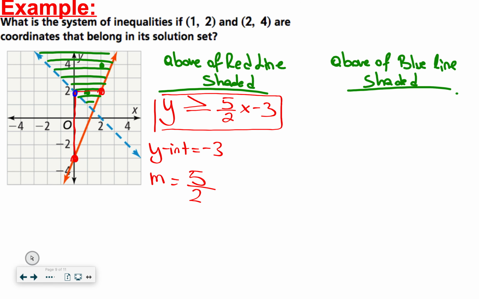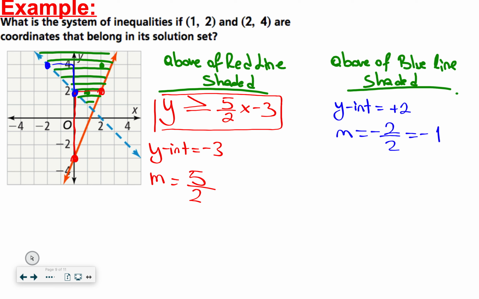First, find the y-intercept. The y-intercept is +2. And for the slope, you can find 2 points and compare rise over run. 2 up, 2 left. Because you are going left, your answer is -1.